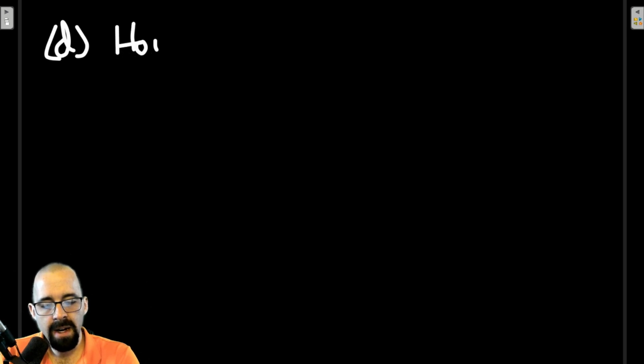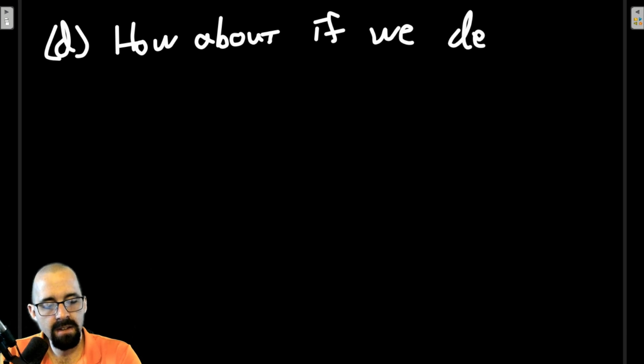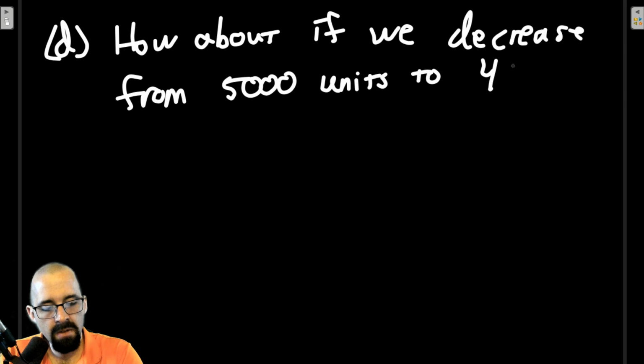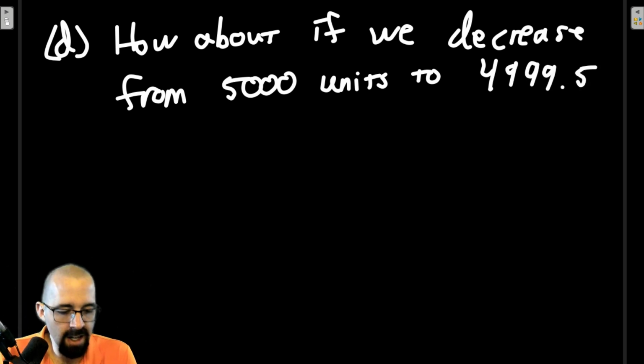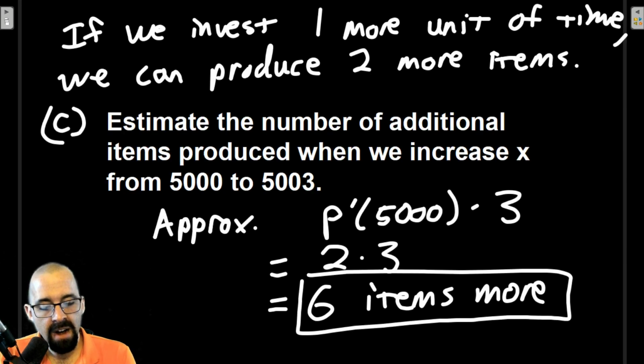So part D is going to be, how about if we decrease from 5,000 units of time to 4,999.5. So now we're going backwards, right? Before, we were going from 5,000 to 5,003. That was an increase of 3, so h was 3.